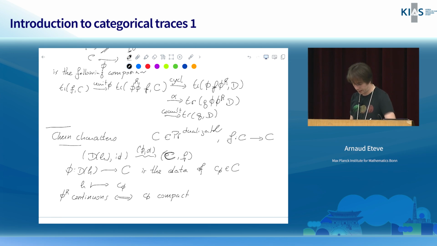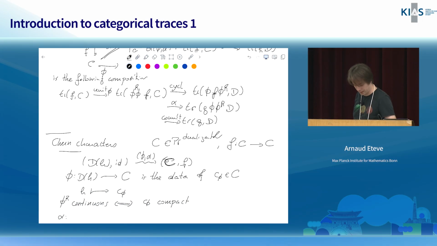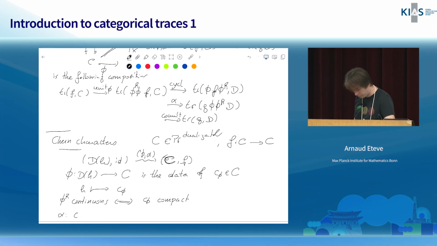And then the map alpha, so if we unravel what this above diagram gives us, is the data of a map from C phi to f of C phi.